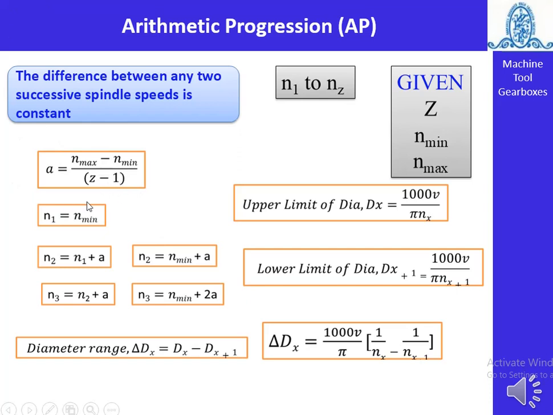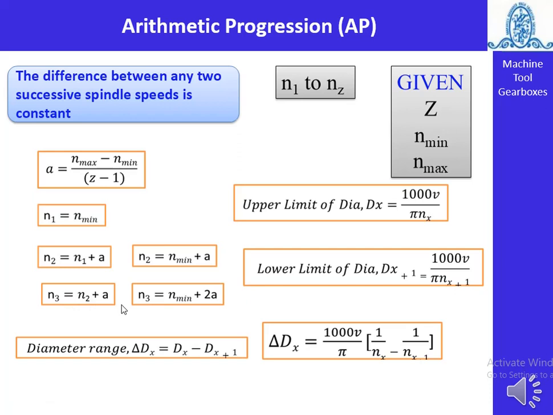As per our definition, we write n max minus n minimum upon z minus 1, where n1 is our n minimum and n max is the maximum speed.